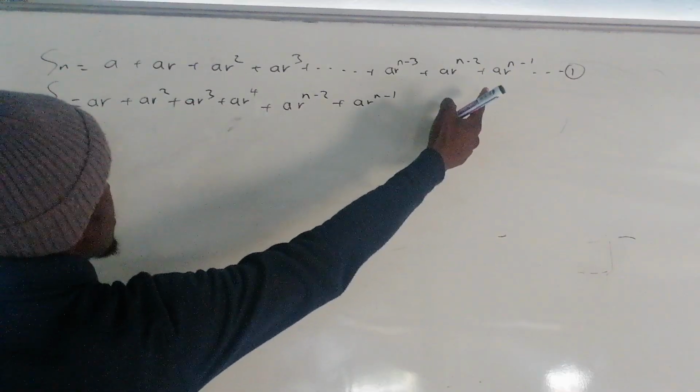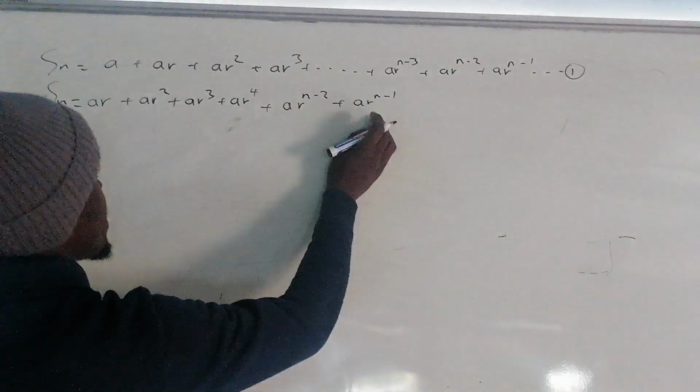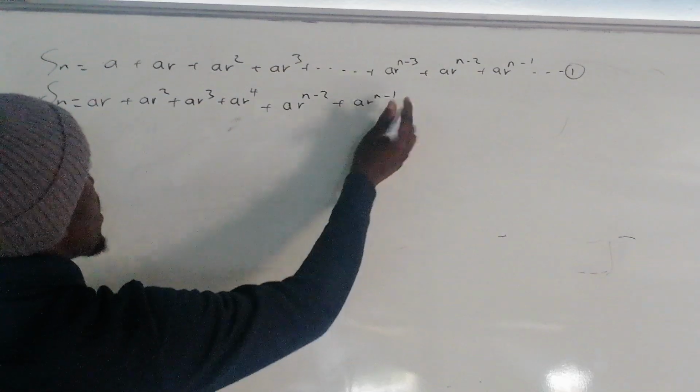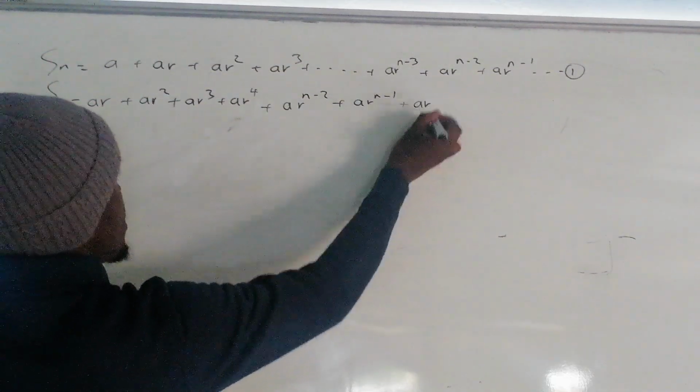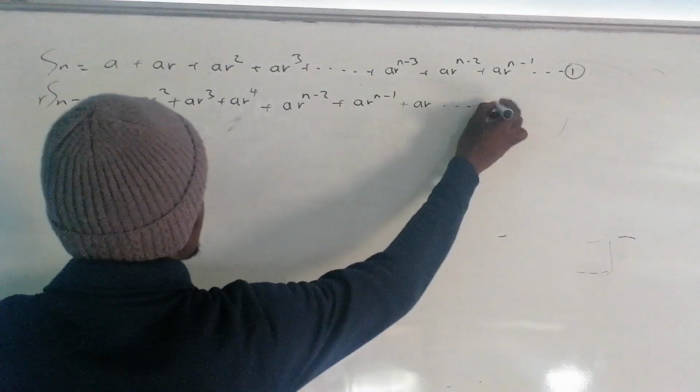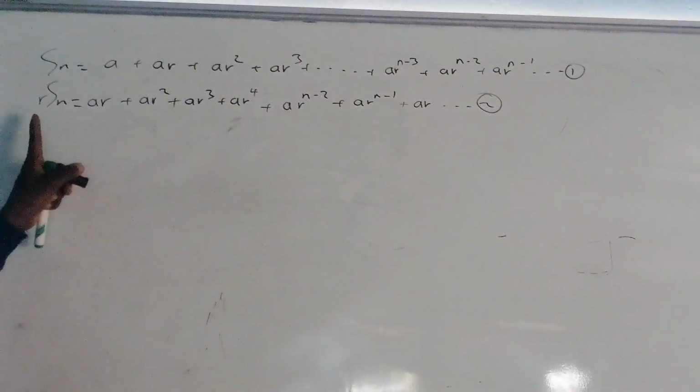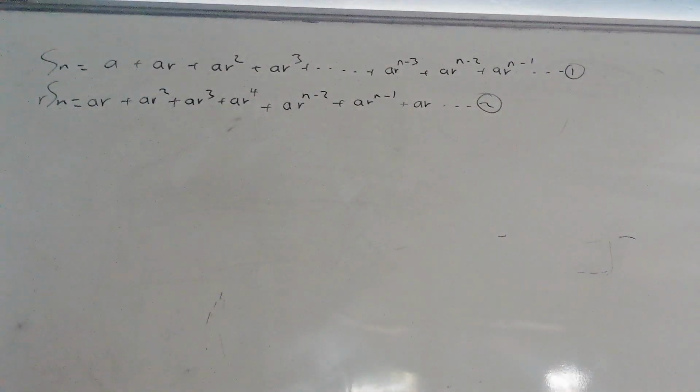Then you multiply the last term with an r, it will be ar to the power n minus 1 plus 1, which is ar to the power n. This is what we are having. This is equation 2. You multiply equation 1 by r to find equation 2.